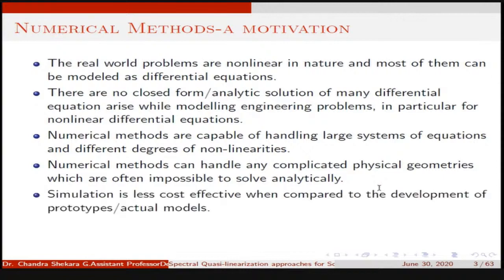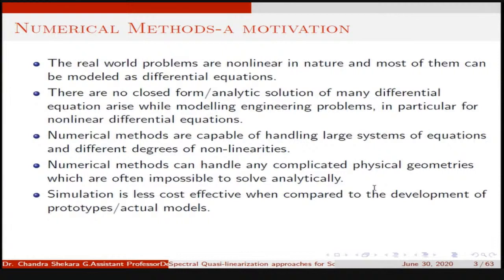The other thing is, whenever we are studying some phenomena or developing some system, resources are the main constraint there. If we try to develop the system as it is, then a lot of resources are required, and it is costly.